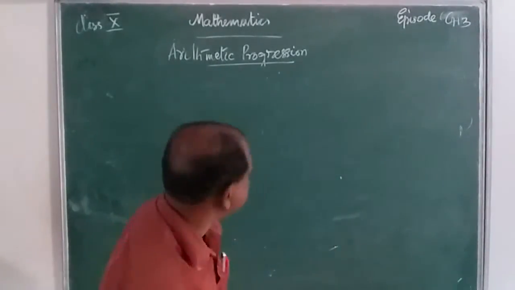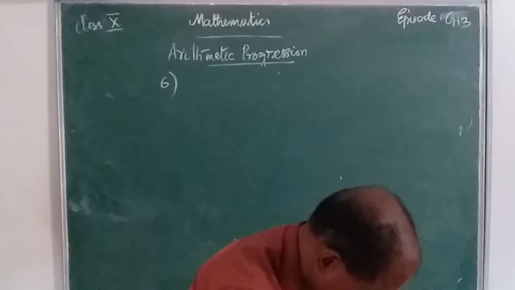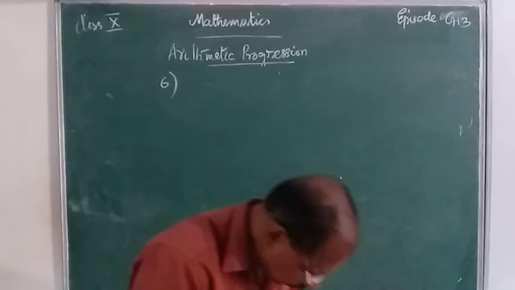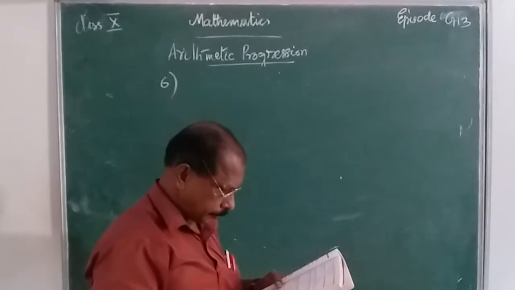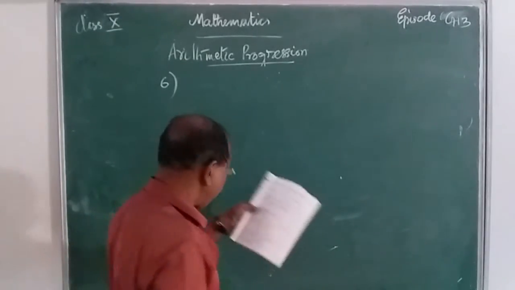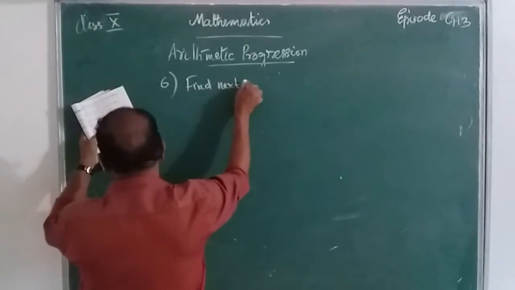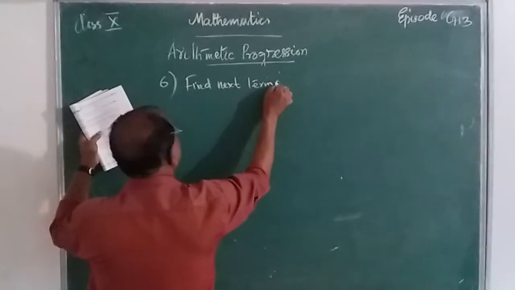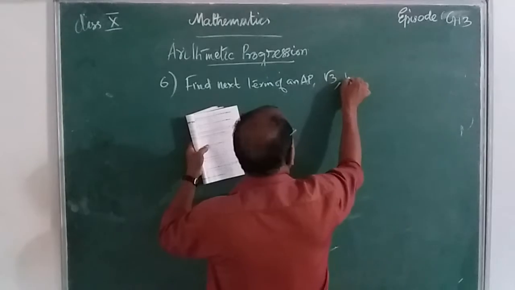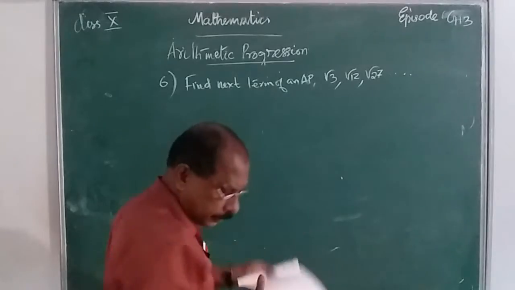Then sixth question, question number 6. Find the next term of the AP root 3, root 12, root 27, etc. Find the next term.